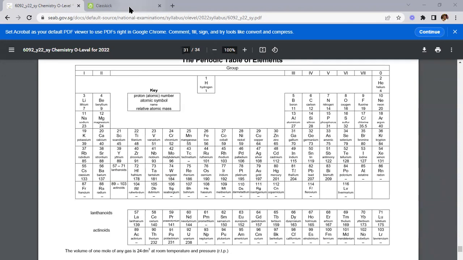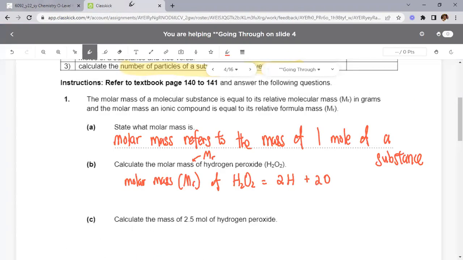So I'm going back to my working now. I substitute H as 1, and the relative atomic mass of oxygen is 16. So this is equivalent to 2 plus 32, which equals 34.